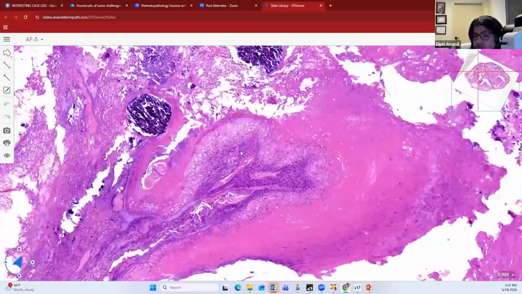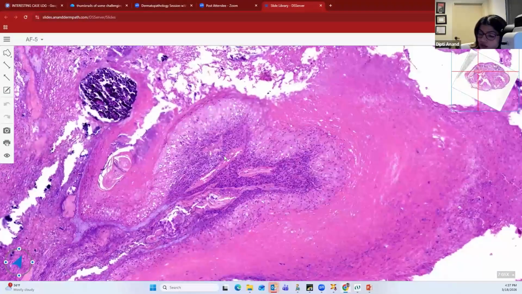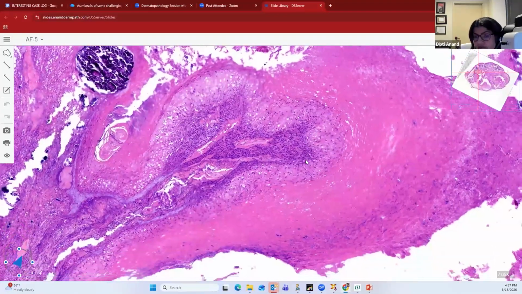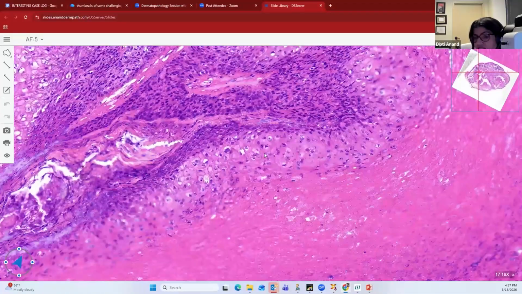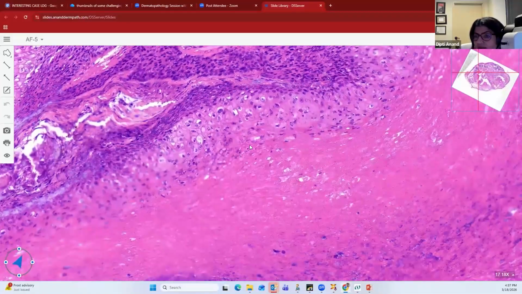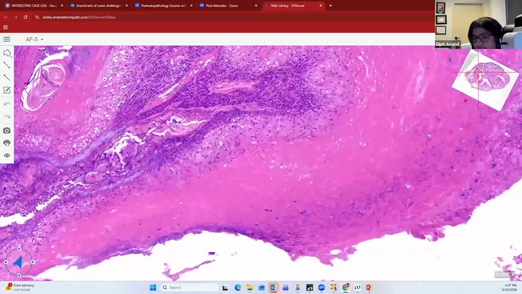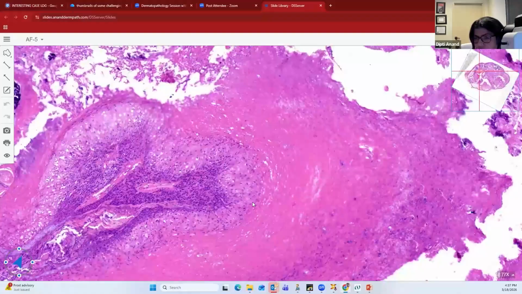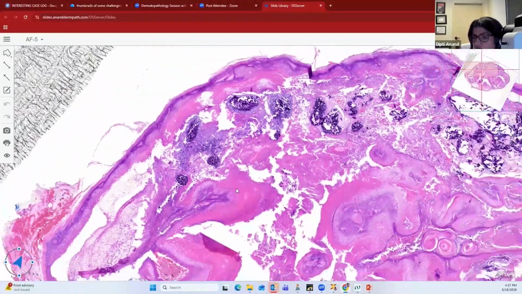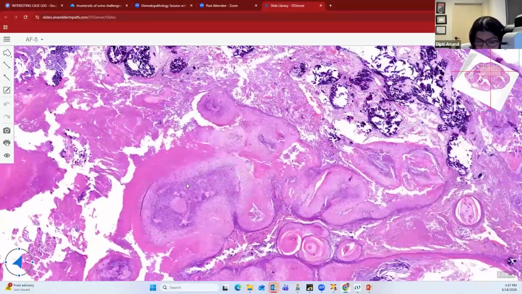But remember that the pattern of keratinization in a pilomatricoma is different. It's derived from the matrical part of the hair follicle. So we'll see that the keratinization pattern is very different. So this is trichilemmal keratinization, where you see keratinization in the absence of a granular cell layer. And this is an example of a proliferating pilar tumor or proliferating trichilemmal cyst.